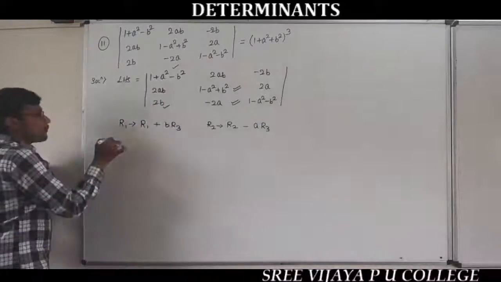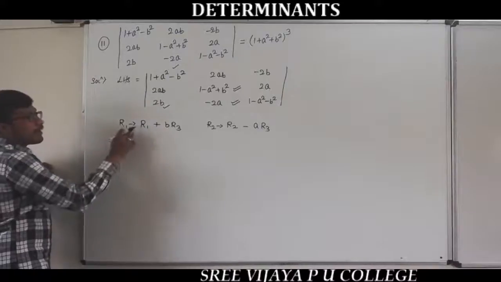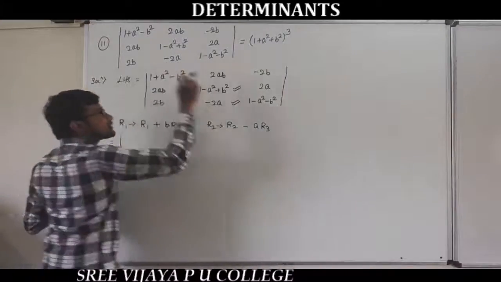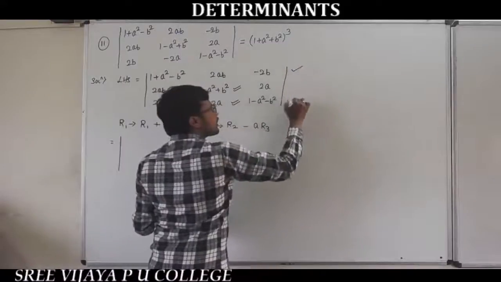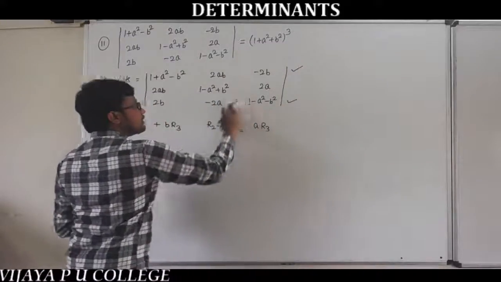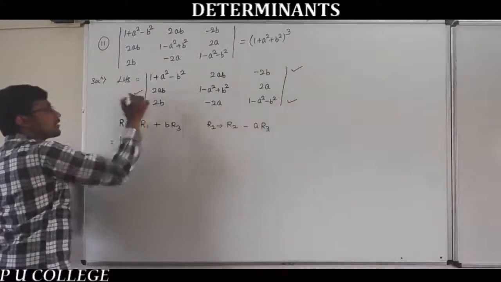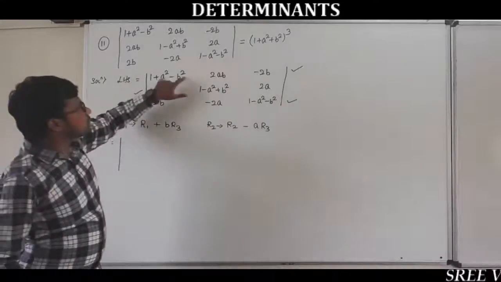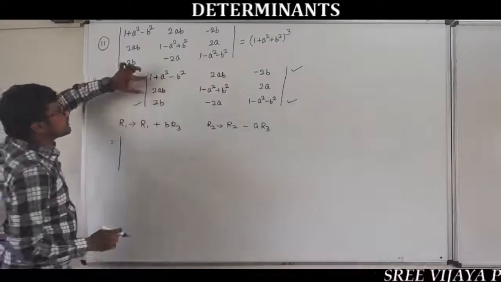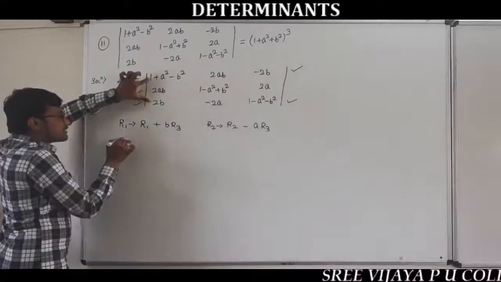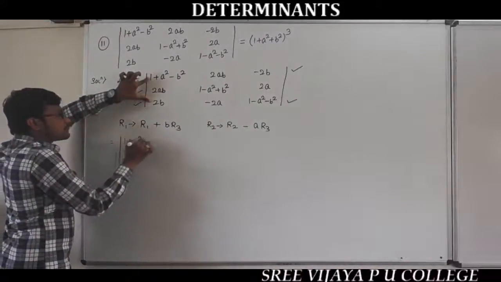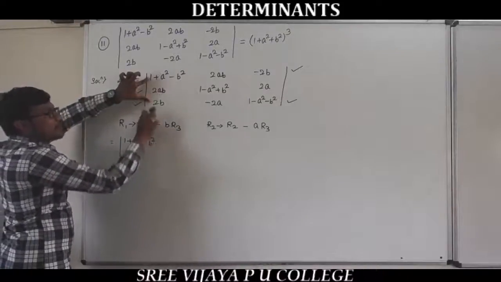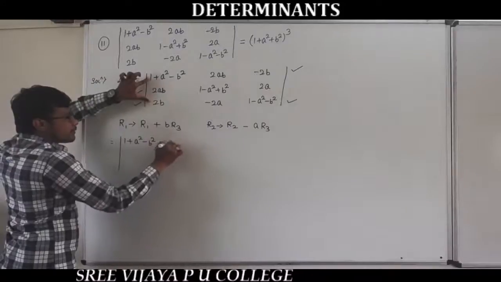Okay, see the problem. So see properly, R1 plus bR3. So this row plus this row. So which one? This R1 and R3. Next this R2 and R3. So for the second row, this row and this row. For the R1, this row plus this row. So first this element and this element, R1 is 1 plus a square minus b square plus b times of R3. So b into 2b is 2b square.